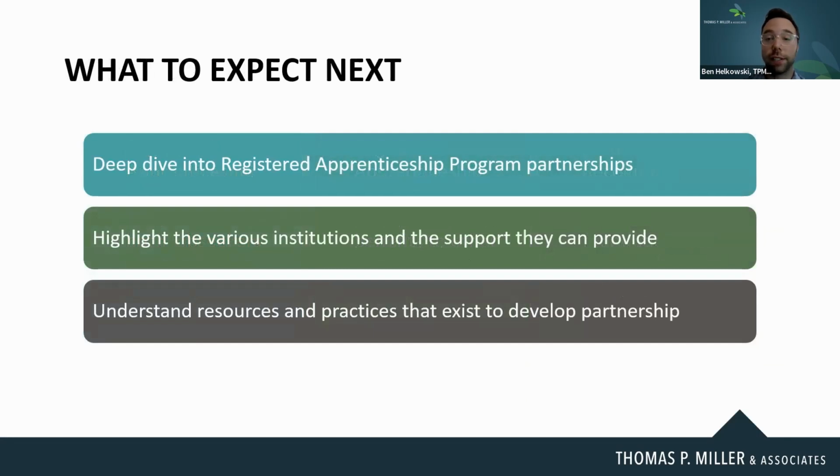What to expect next? So with my colleague, Vicki Thompson, she will go over a deep dive into registered apprenticeship program partnerships. She will highlight the various institutions and the support that each can provide. And she will help develop an understanding of resources and practices that exist to develop effective partnerships.